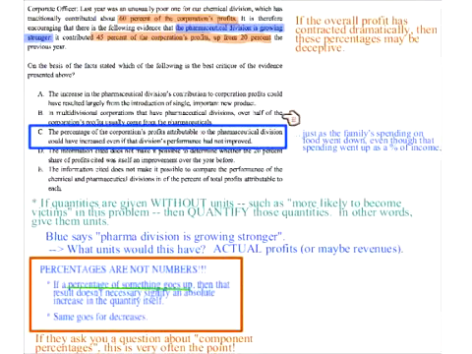E says the information cited does not make it possible to compare the performance of these divisions in terms of the percent of total profits attributable to each. It looks like the word terms is missing here. I copied and pasted this from a compilation of problems, so there shouldn't be too many typos, but it looks like this should say in terms of.